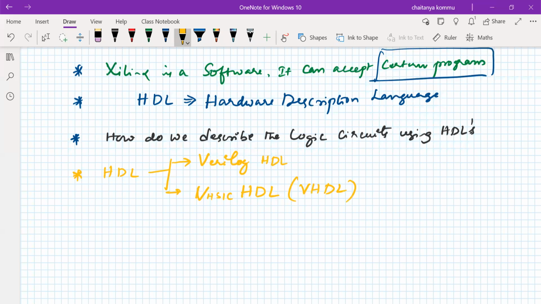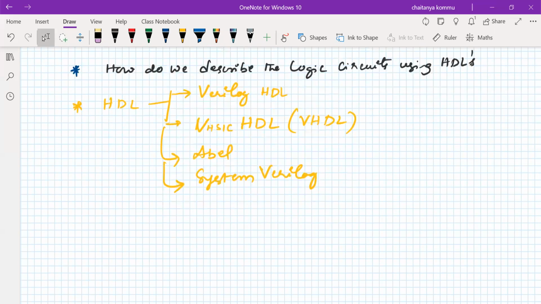Don't confuse that; we write it like this, but VHDL stands for very high speed integrated circuit hardware description language. Sometimes we also use ABEL, which is a hardware description language, and SystemVerilog is also there.